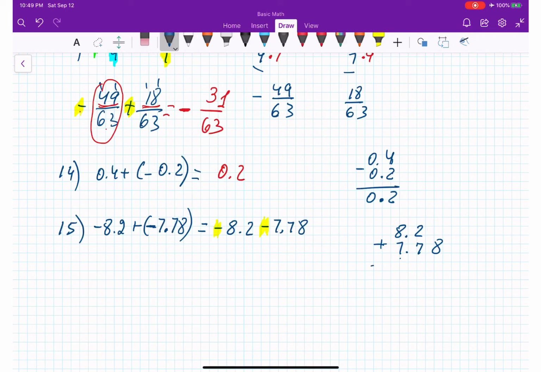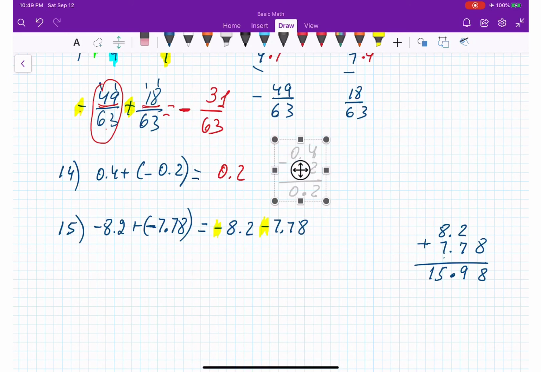So what do we get? 2 plus 7 is 9, decimal notation, 8 plus 7, 15. So we are getting 15.98. And since both numbers are negative, nothing to choose from. It's going to be negative.